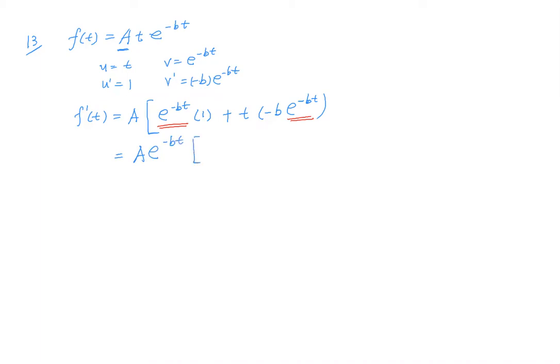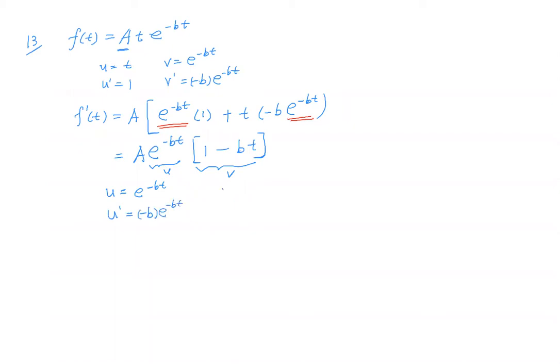Okay, then you're left with 1 minus BT. So if you want to differentiate again, this one will be your U and this one will be your V. So you write down again U prime, negative B e to the power negative BT.